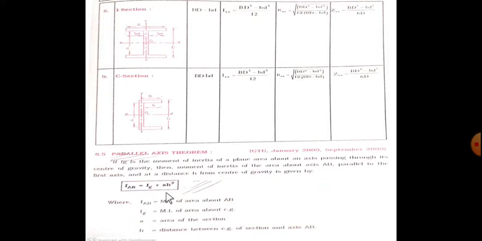Just refer to that table. We have moment of inertia Ixx and Iyy for some regular shapes, and both the axes are passing through the CG of that section. So Ig is equal to Ixx and Iyy of that particular section.